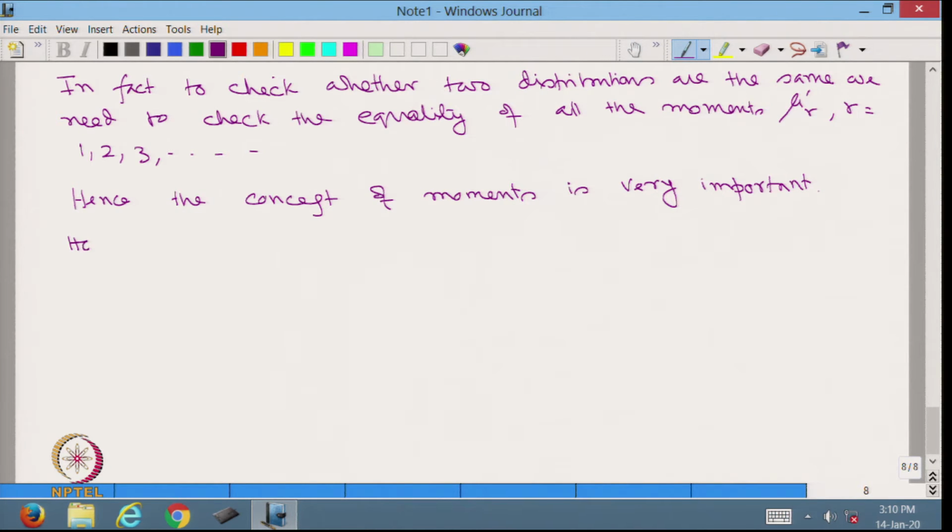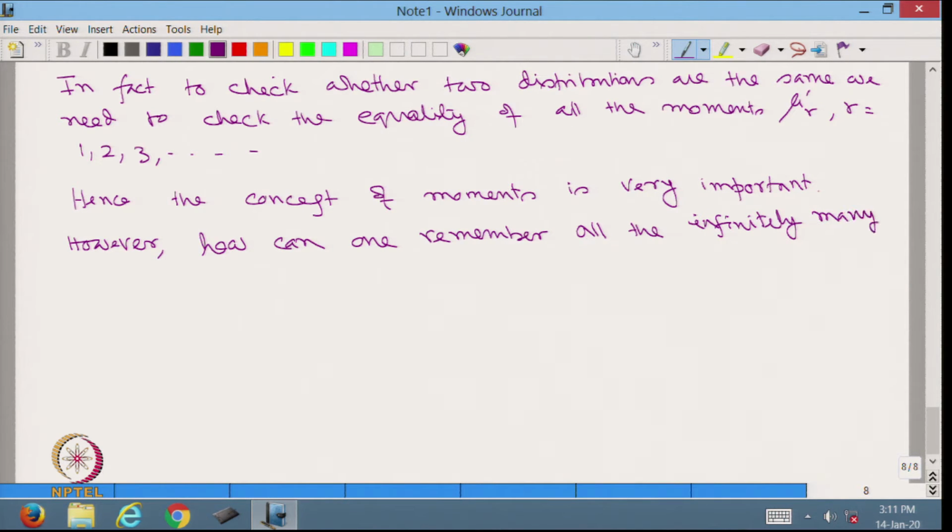However, how can one remember all the infinitely many moments of a distribution? To answer this, we need the moment generating function, which is something that I started with.